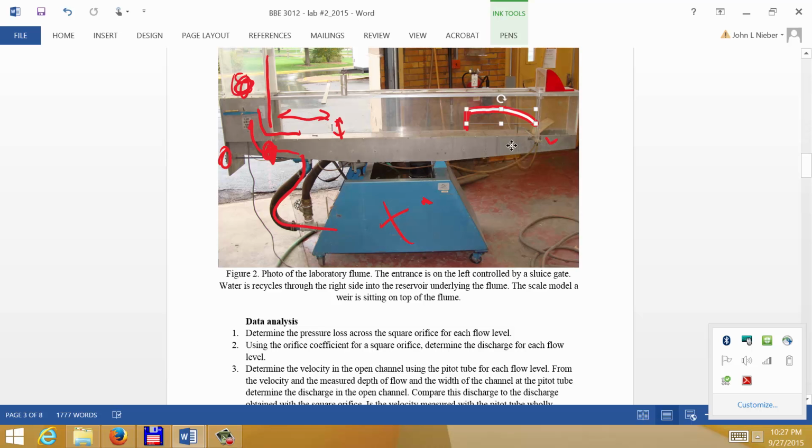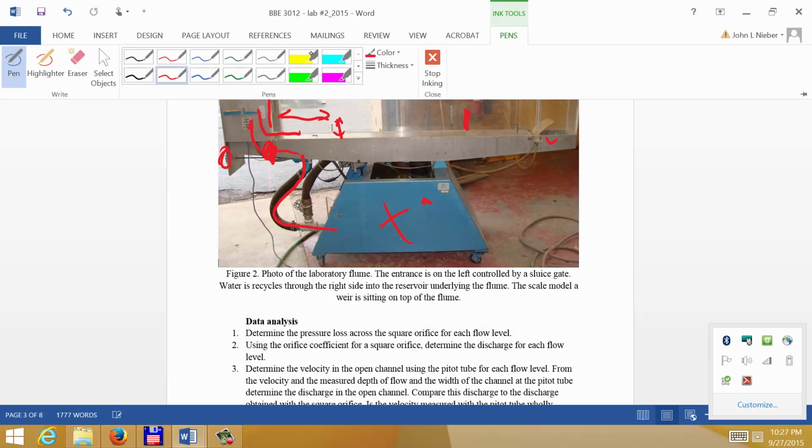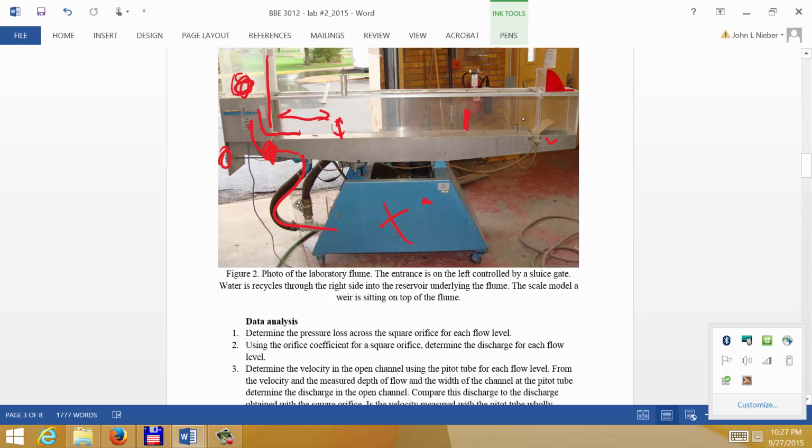Okay, Pitot tube is located right here. Pitot tube is located right there.